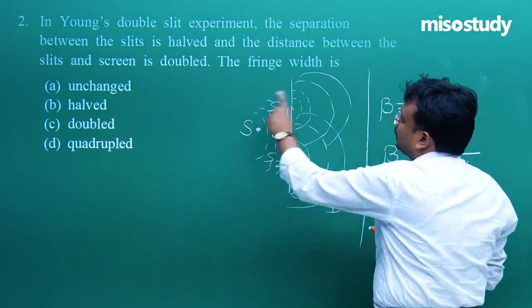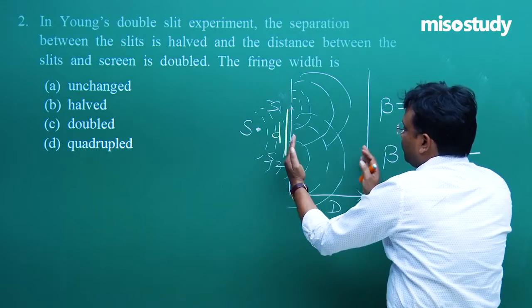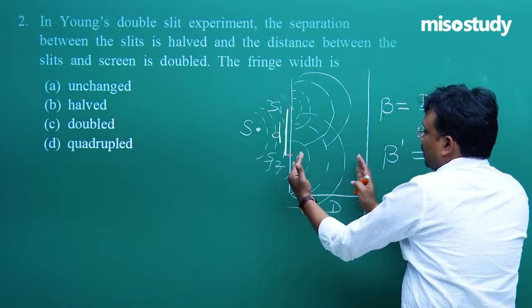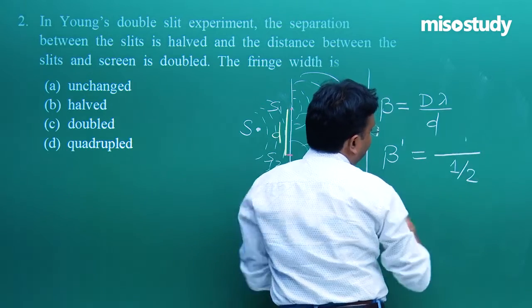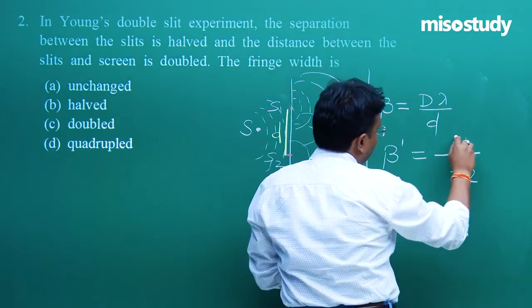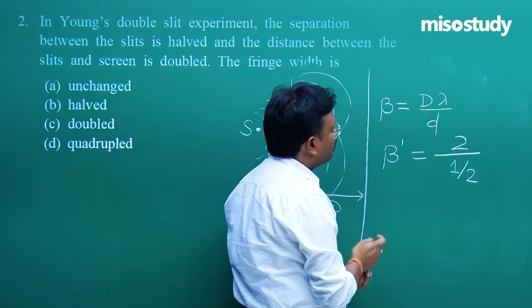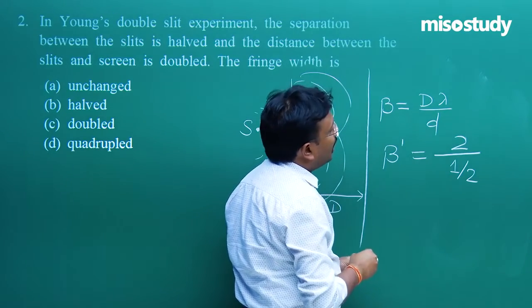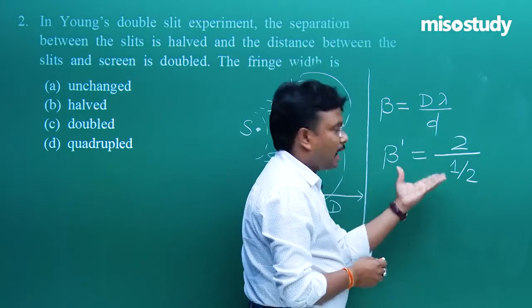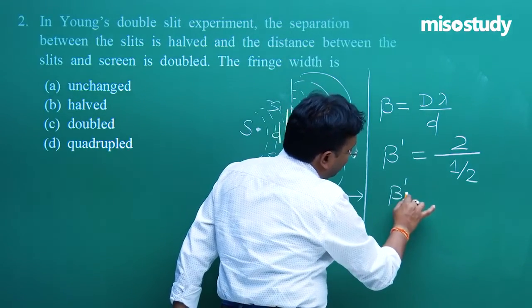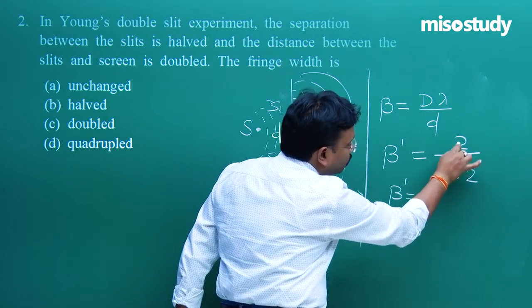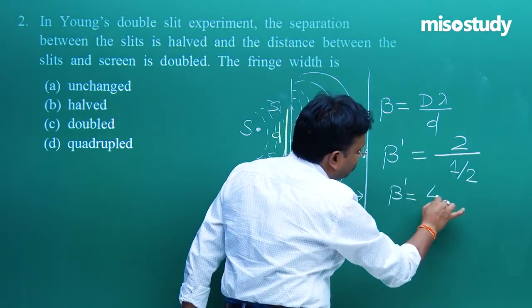Then the distance between the slits and screen is doubled. So earlier it was D, now it is 2D. So let's say it is 2. I am not putting lambda and D here because I have explained this. So ultimately beta prime is equal to 2 into 2 by 1, that is 4.